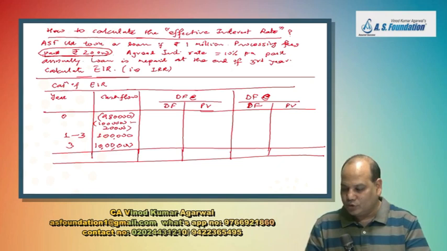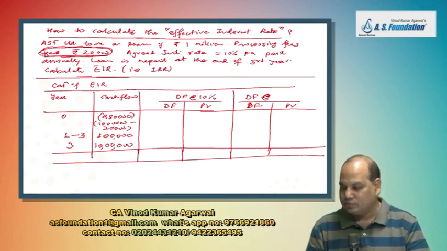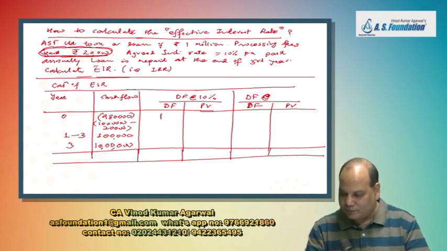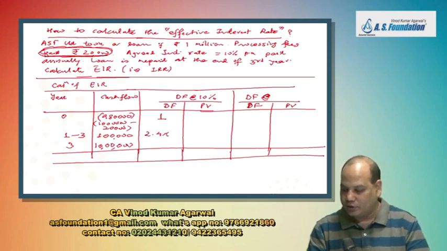Okay. Solve. Now just quickly guess whether your answer will be more than 10% or less than 10%. It will be little more than 10% because you had incurred 20,000 rupees as processing fees also. So I'll first start with 10% and then I will increase the rate by 1 or 2%. So tell me the factor of years 1 to 3: 1 upon 1.10, 3 times, equals 2.4868.